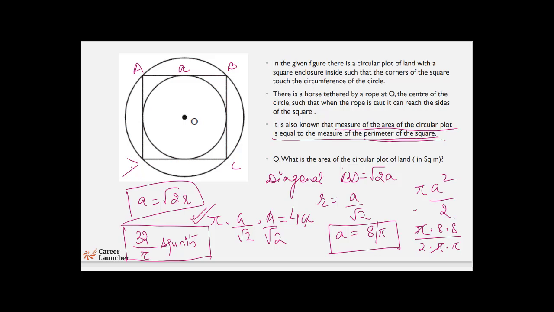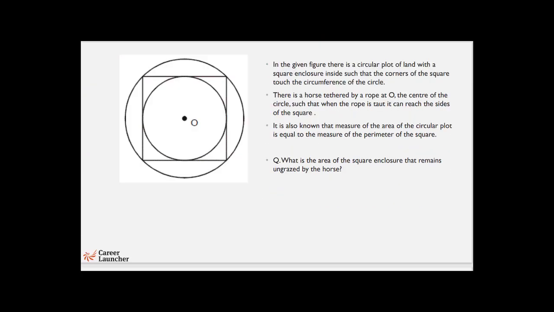Let's have a look at the second question. What is the area of the square enclosure which remains ungrazed by the horse? Now if we can see, the area of the square enclosure that remains ungrazed by the horse is this area.